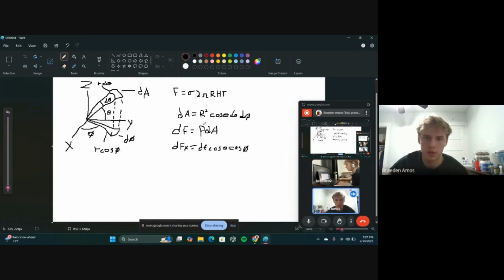So then we can put the dF into dFx. So then we get Fx equals, so this is going to be dF, so we have to put in these two equations.